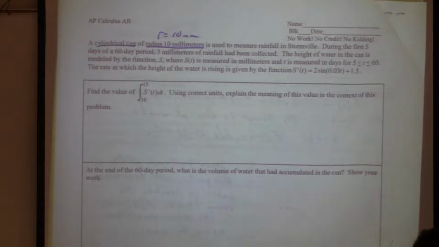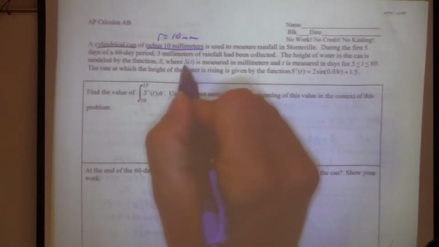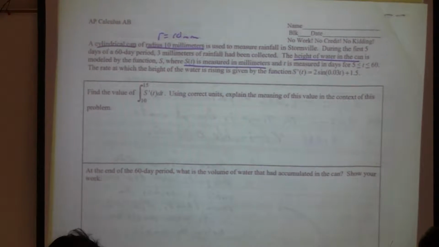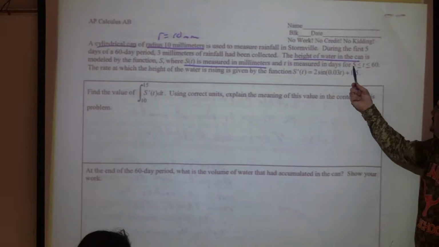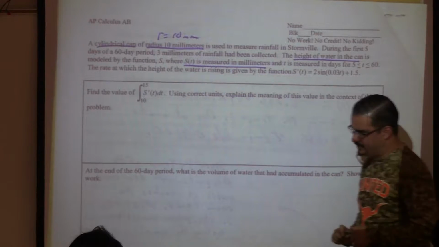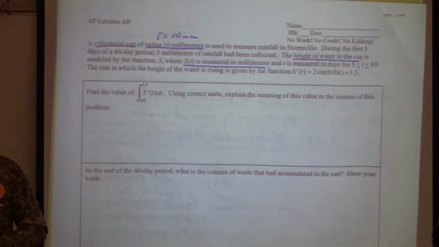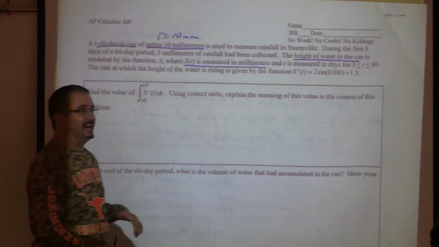So what does S of t represent? The height of the water in the can in millimeters. Now specifically for 5 to 60. So is it good from 0 to 5? No, okay. It's only good from 5 to 60.